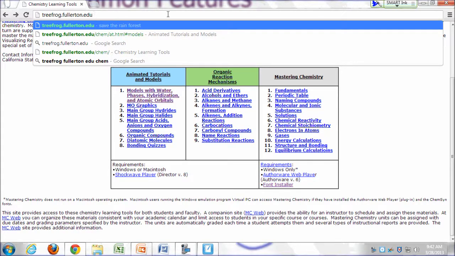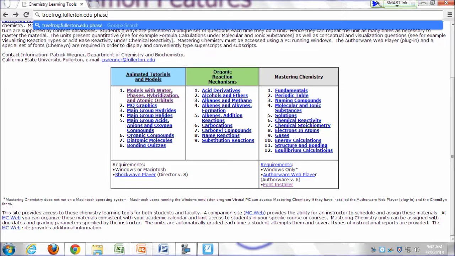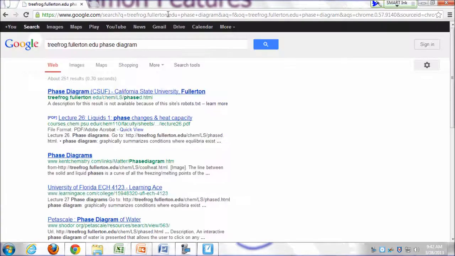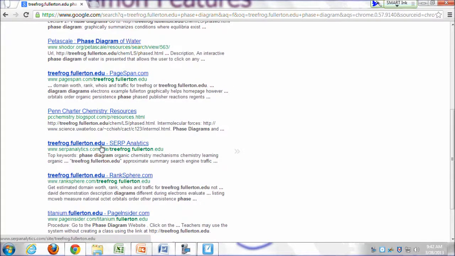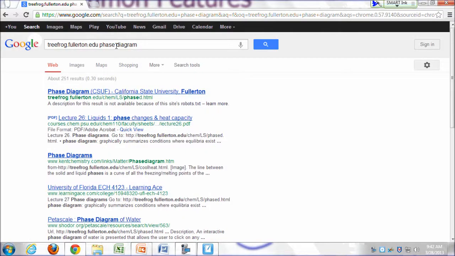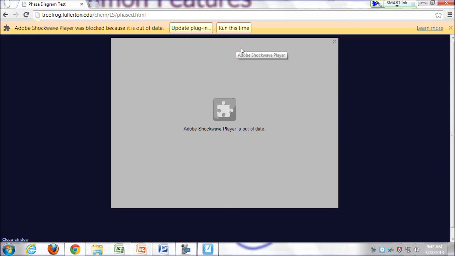Let me do a search for treefrog.fullerton.edu phase diagram. And you'll find it here.